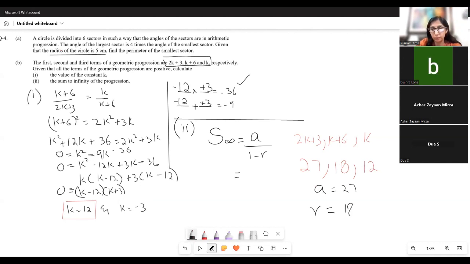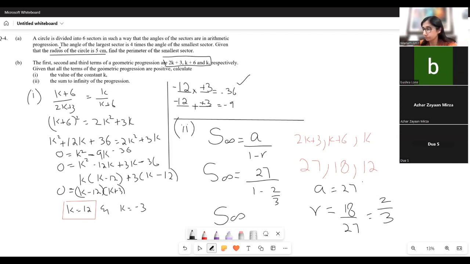So 18 by 27, which is going to be 2 by 3. So we get S infinity is 27 upon 1 minus 2/3, which is 81.